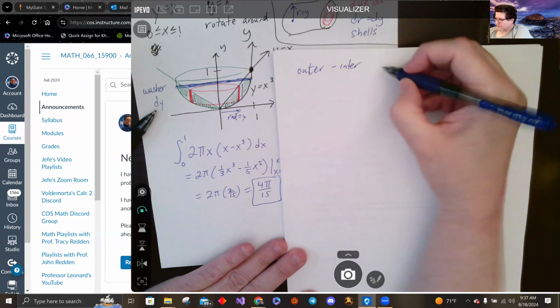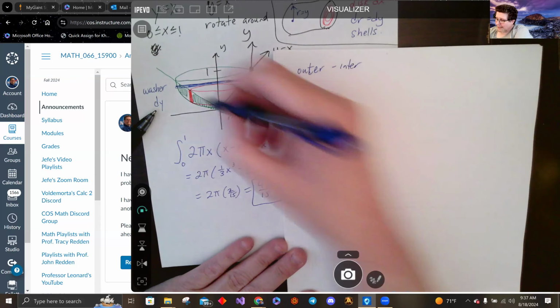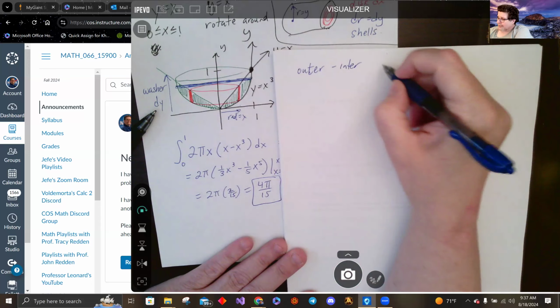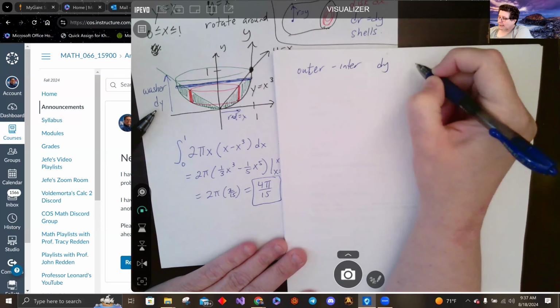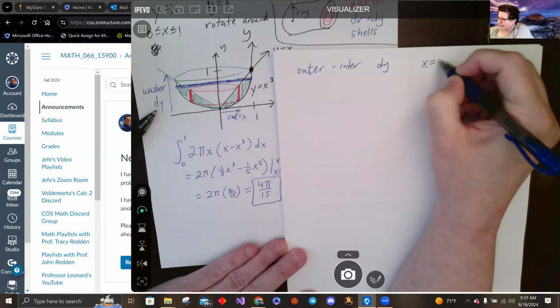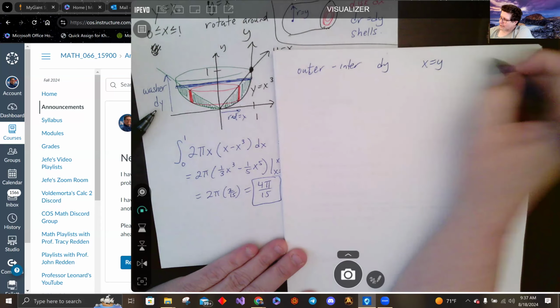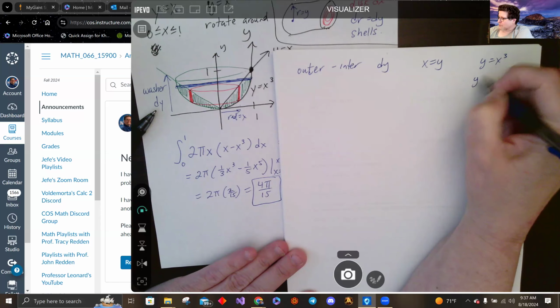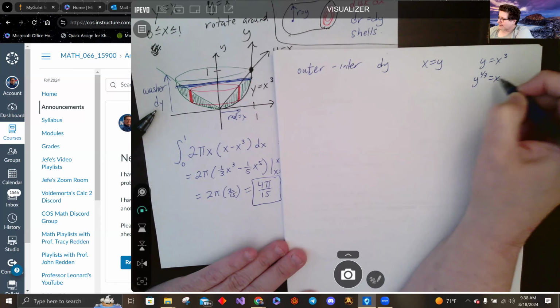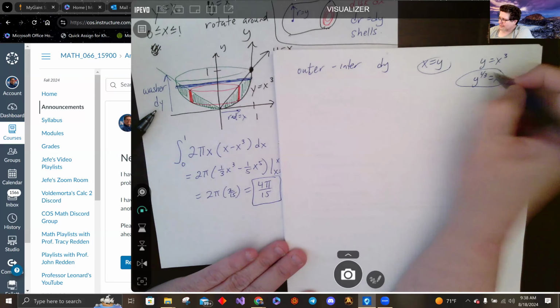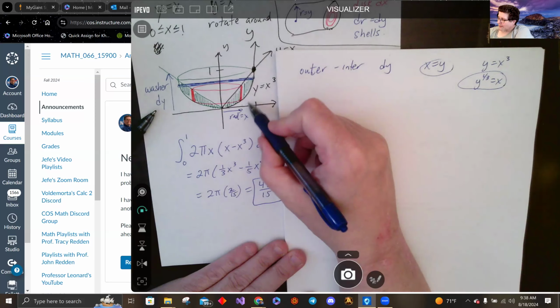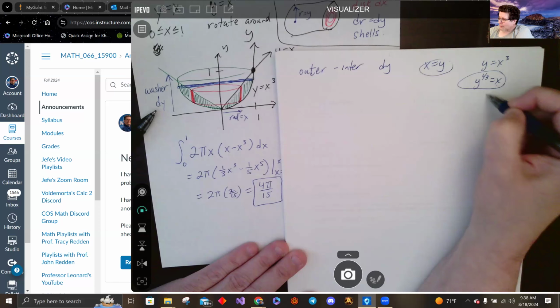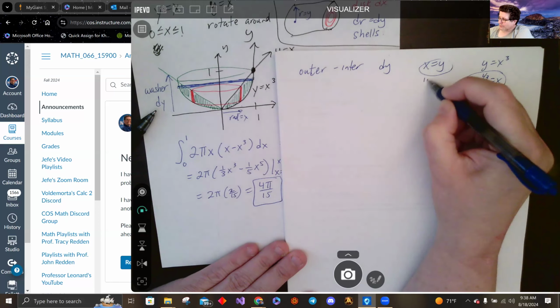But we need it in terms of y because we're going to be integrating upward. So we need a dy. x equals y is already done. When we have y equals x cubed, we can take the cube root of both sides. y to the 1/3 equals x. And now we've got this. This is our outer one. This is our inner one.